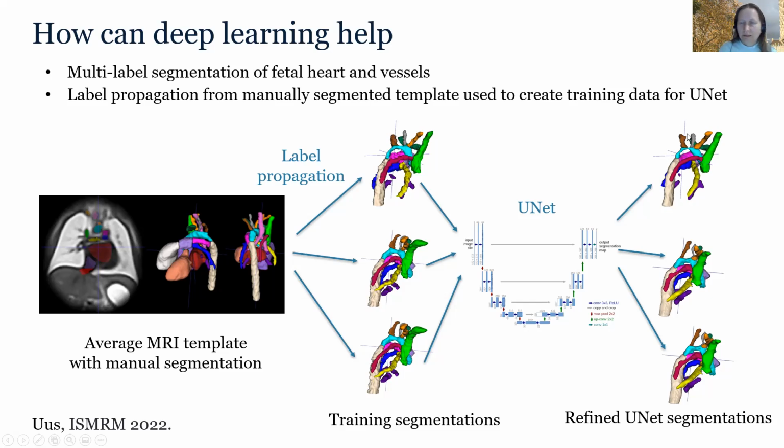When you compare this output of UNet with the label propagation, you can see that it's much smoother and of better quality. This is because UNet is able to refine the noisy labels from label propagation based on intensity as well, and that way correct the small errors on the boundaries. So we are finding that we get better quality segmentations from UNet compared to label propagation, which is really nice, on top of being quick once trained.